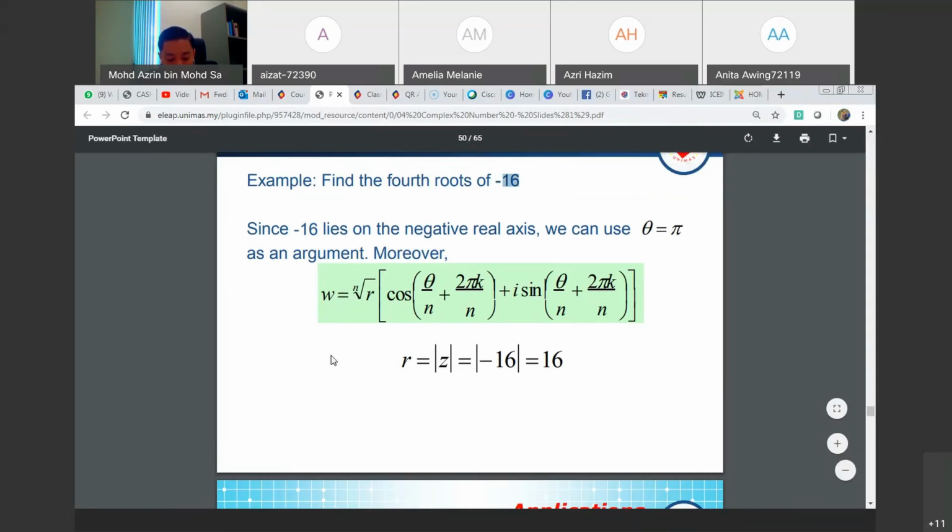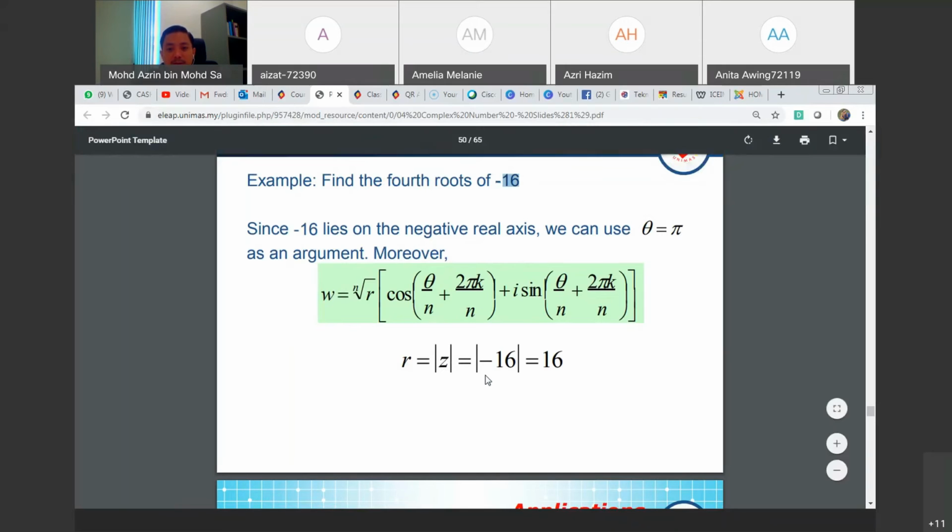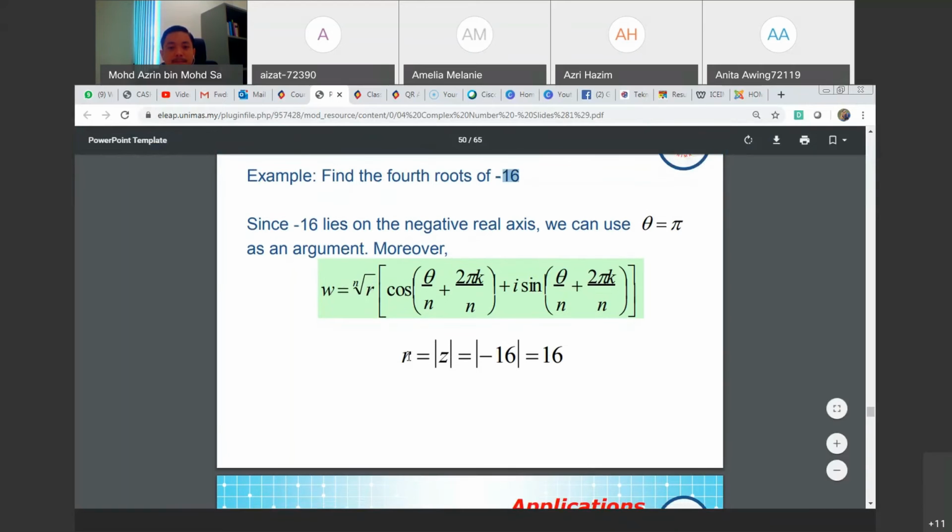Now, R equal to modulus of Z, and this Z value is negative 16. When you take the modulus, you cancel out the negative, and you get 16. So R here is 16.